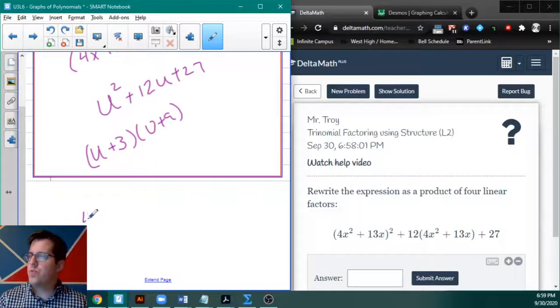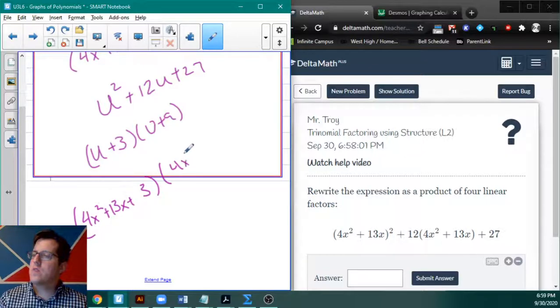So 4x squared plus 13x plus 3, and 4x squared plus 13x plus 9. And it wants me to write this as a product of 4 linear factors.